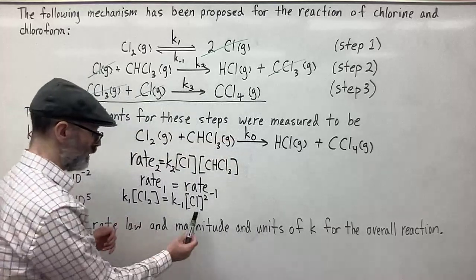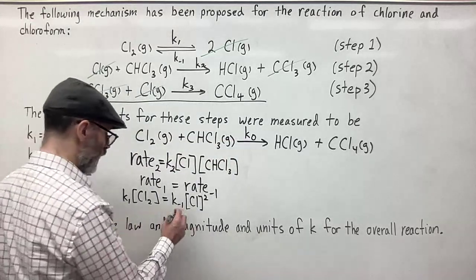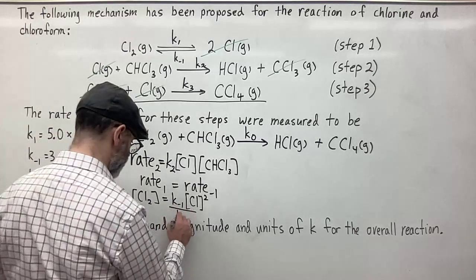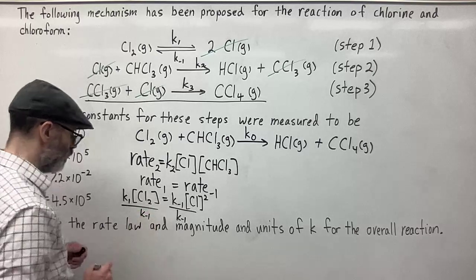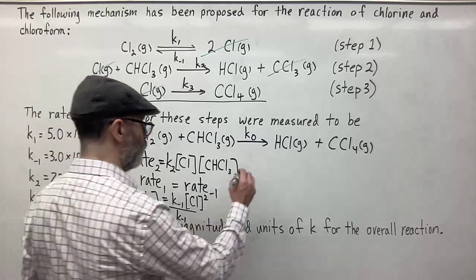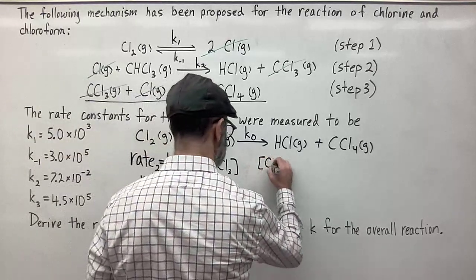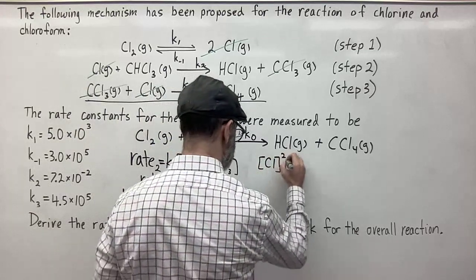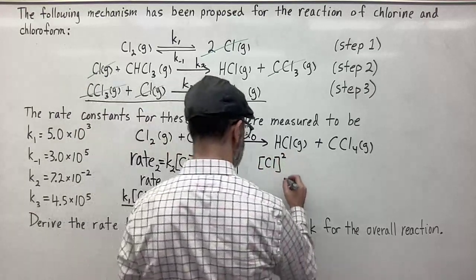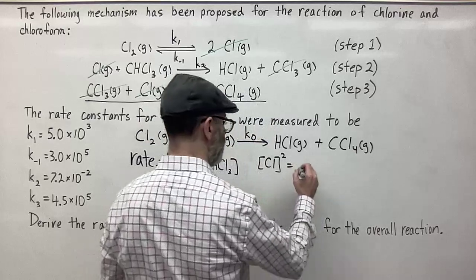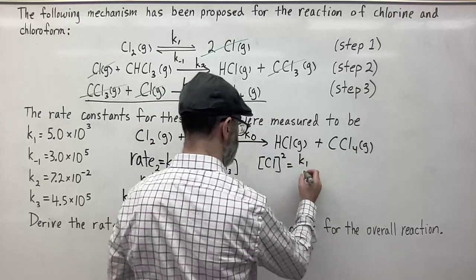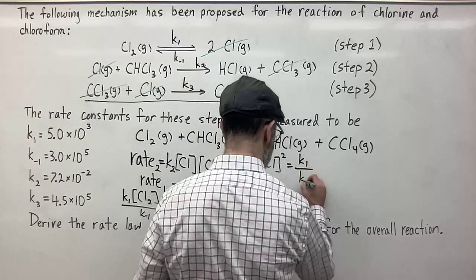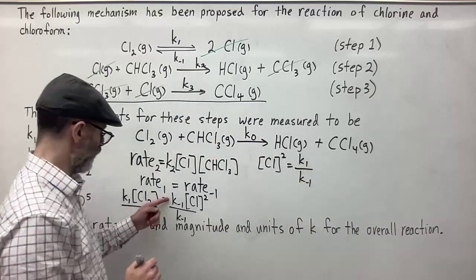So here I need Cl by itself. So I'm going to divide both sides by K negative 1. Right? So then I'm going to end up with the concentration of Cl squared is equal to K1 over K negative 1.